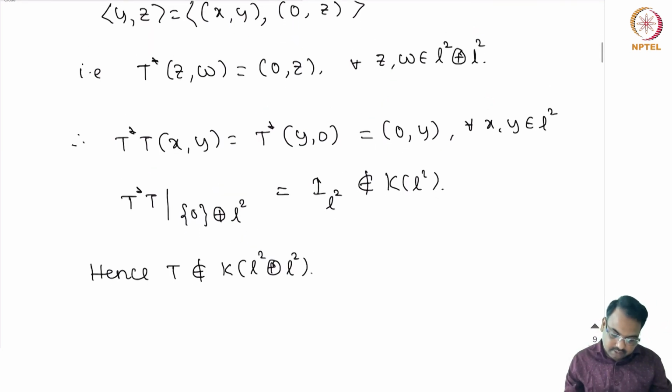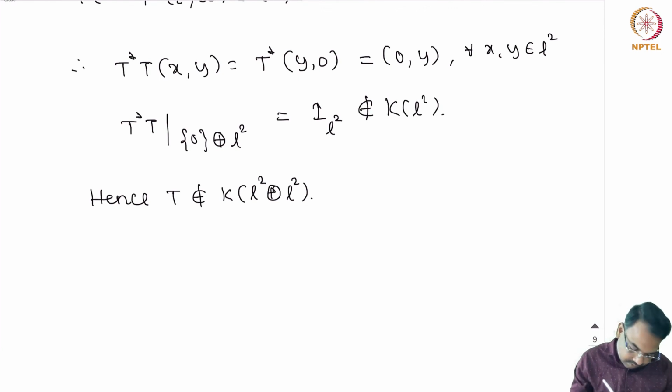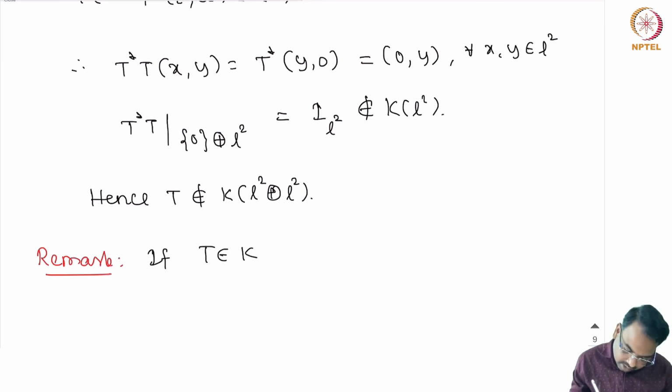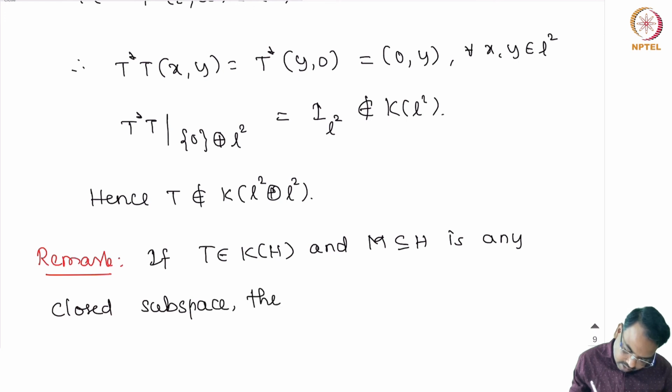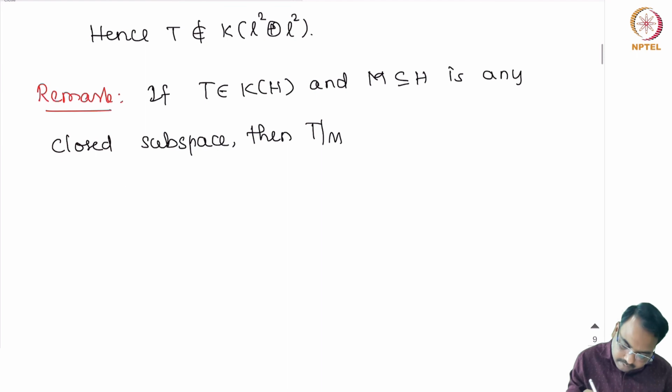Okay. So here we also used one observation. If T is compact and M is any closed subspace, then we can say that T restricted to M, a map from M into H, is compact.